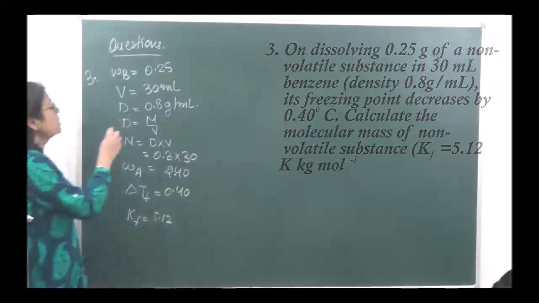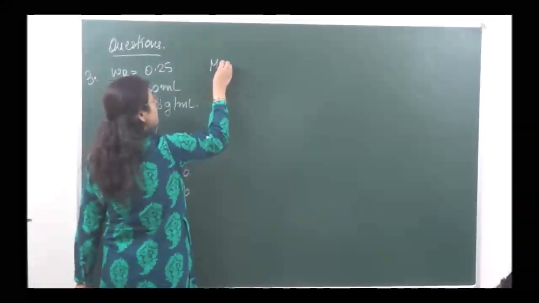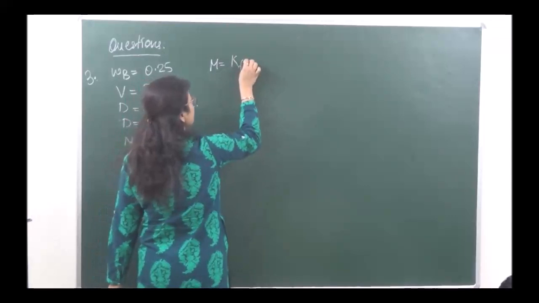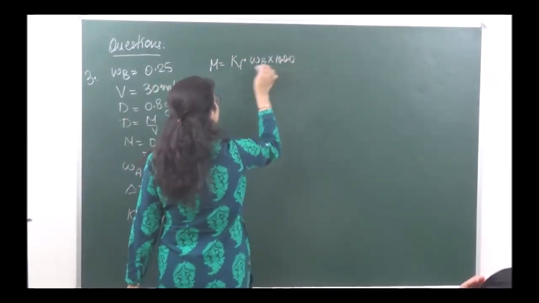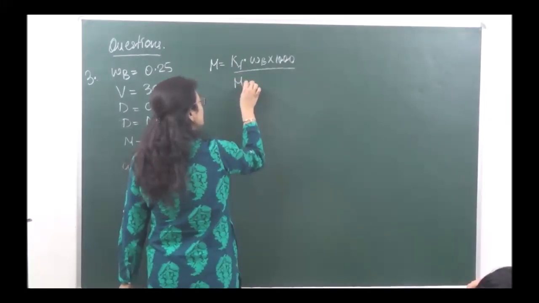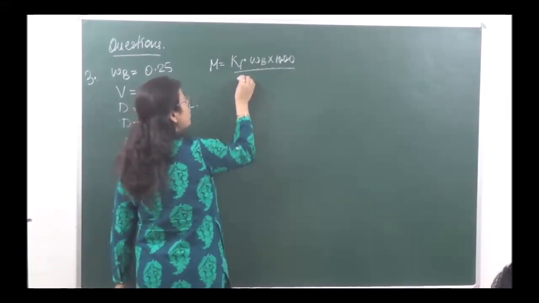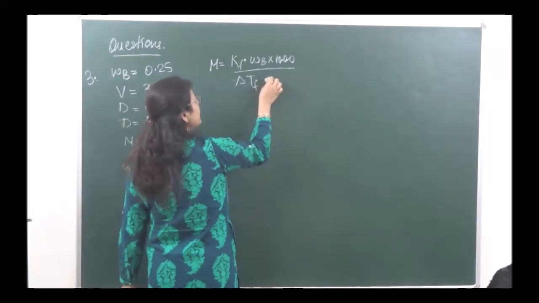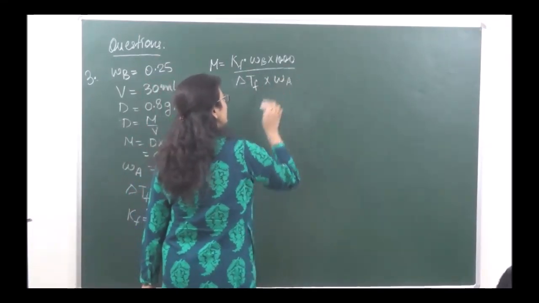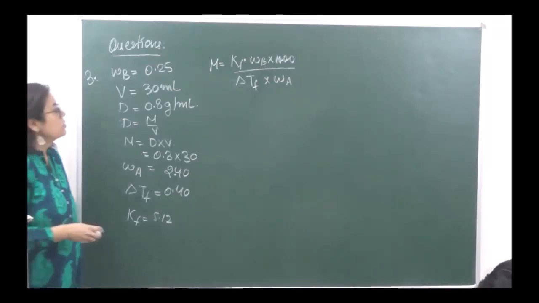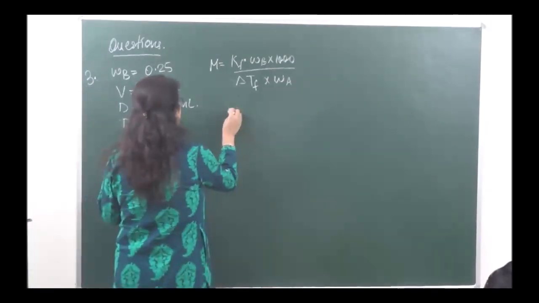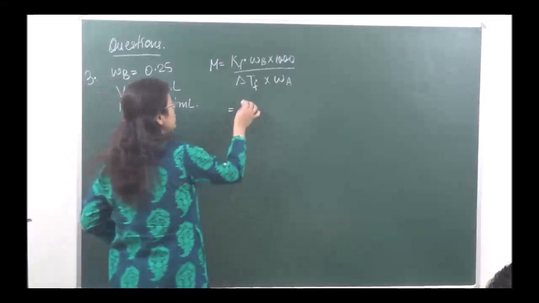So now you can put in the formula: M is equal to Kf into Wb into 1000 upon delta Tf into Wa. Okay. So Kf is given to us as 5.12.